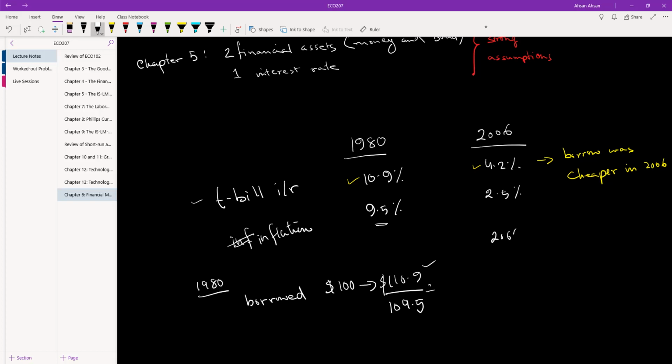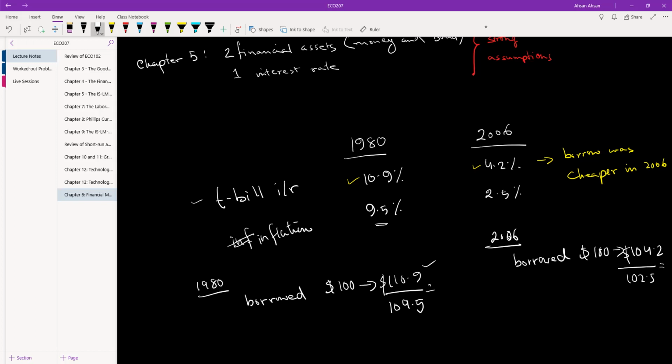And in 2006, if you borrowed the same amount, $100, you would have to pay back 104.2, but this is the nominal amount that you're paying back. In real terms, how much you're paying back is 104.2 divided by 102.5, and that should give you the answer.